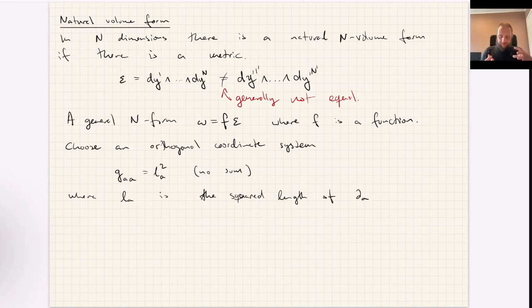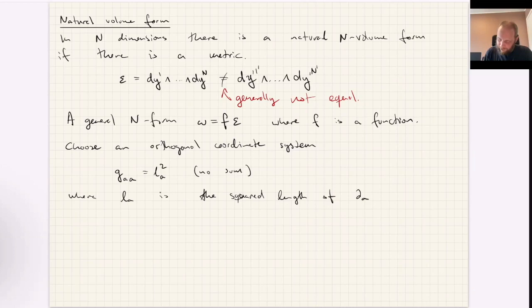But if you want to know the volume of this cube in coordinates that is spanned by these orthogonal coordinate vectors? Well, it should be, right?